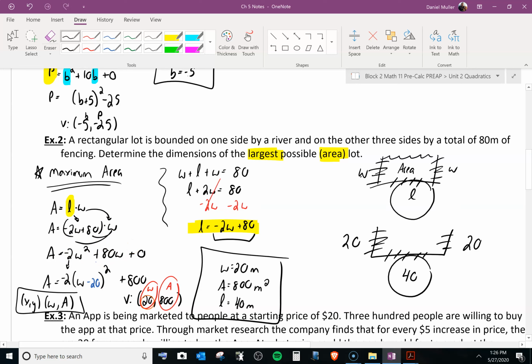I completed the square, found the vertex, and then I had to interpret the vertex using not x and y, but instead w and A. So my width was 20, and my area was 800. And then I could do some basic calculations on the perimeter and find out that my length is 40. So we'll do another video for the next question.